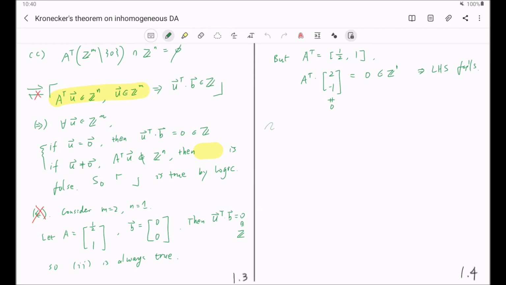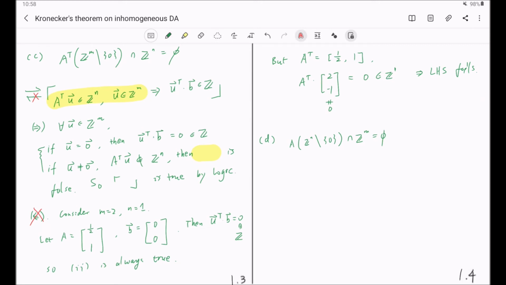So our next remark will be called the remark D. So I want to tell you that this condition, unlike this, does not imply the second statement of the Kronecker's theorem on inhomogeneous Diophantine approximation.